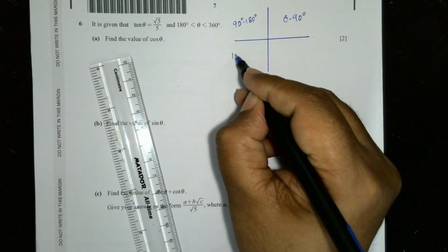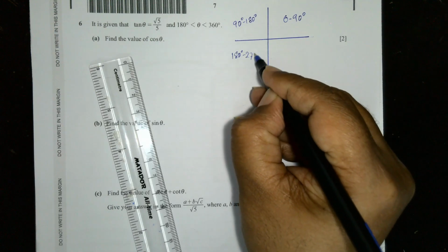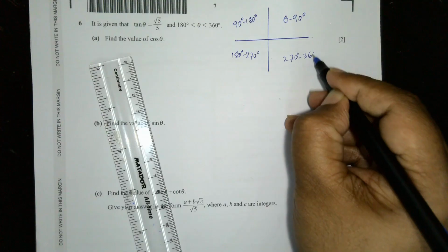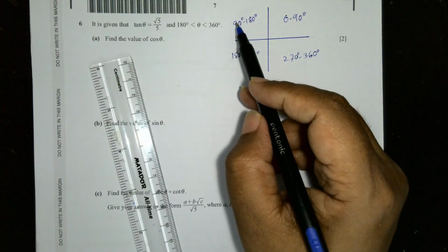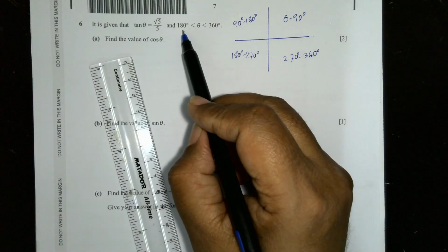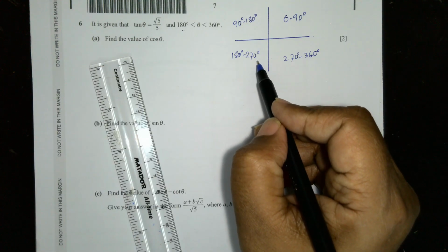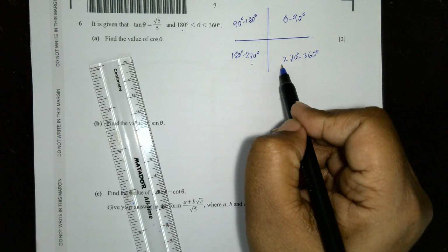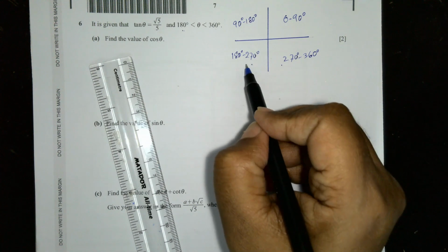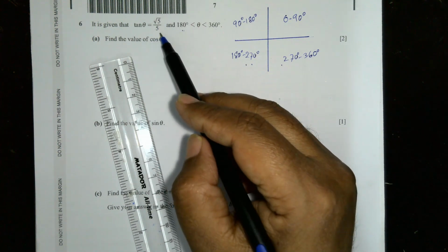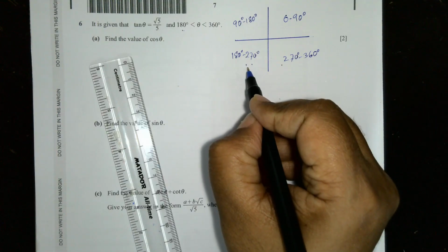This is 180 to 270, and here it's 270 to 360 degrees. It says from 180 to 360. So the triangle could be here or here. But in the third quadrant, tan theta is positive, and we have the positive ratio. Therefore, the angle must be in the third quadrant.